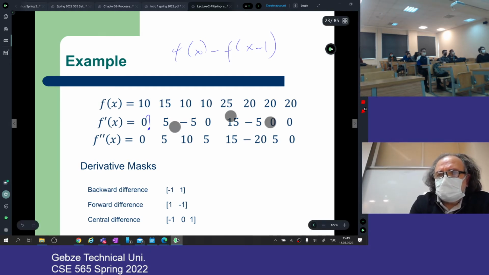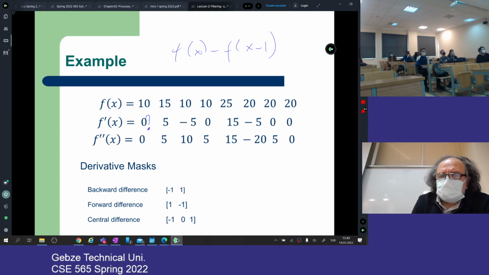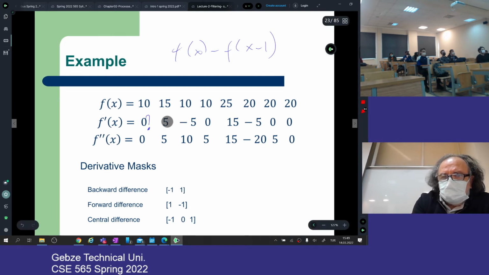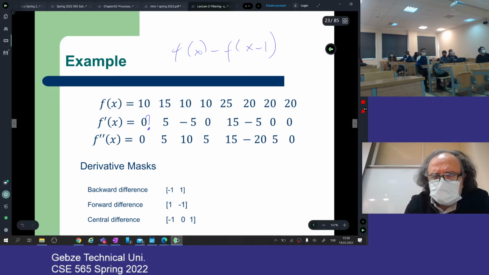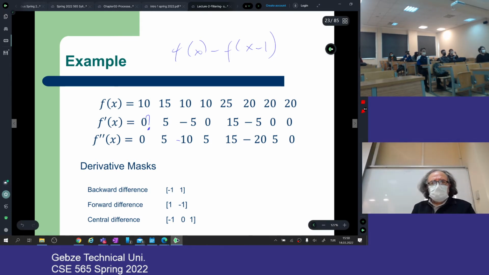So this is another set of discrete numbers, a new function, and I can take the derivative of this one too. This time 5 minus 0 is 5, minus 5 minus 5 is minus 10, 0 minus minus 5 is 5, etc. So I use this backward difference operator, and if I use the forward difference, I would do just the opposite.